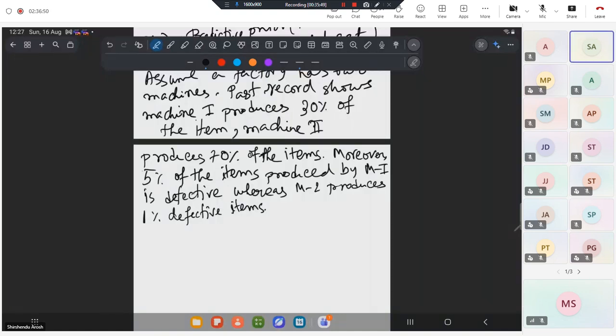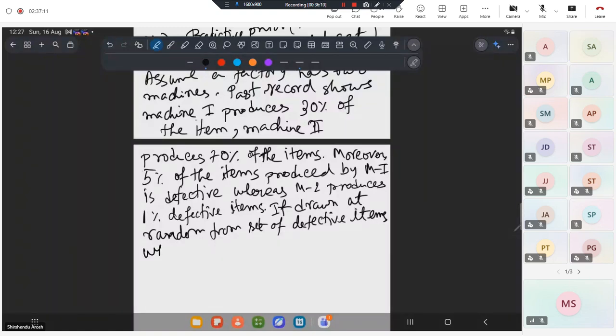So if an item is drawn at random from the set of defective items, what is the probability it is produced by machine 1?